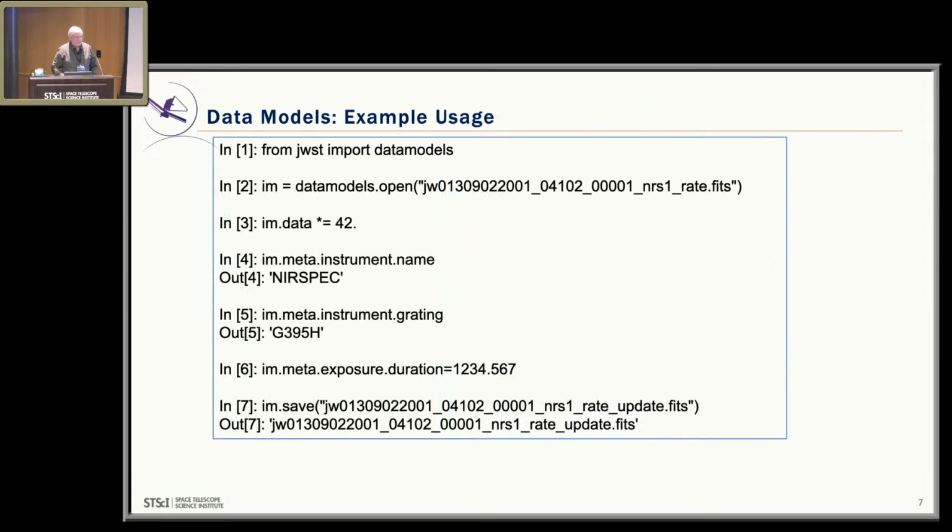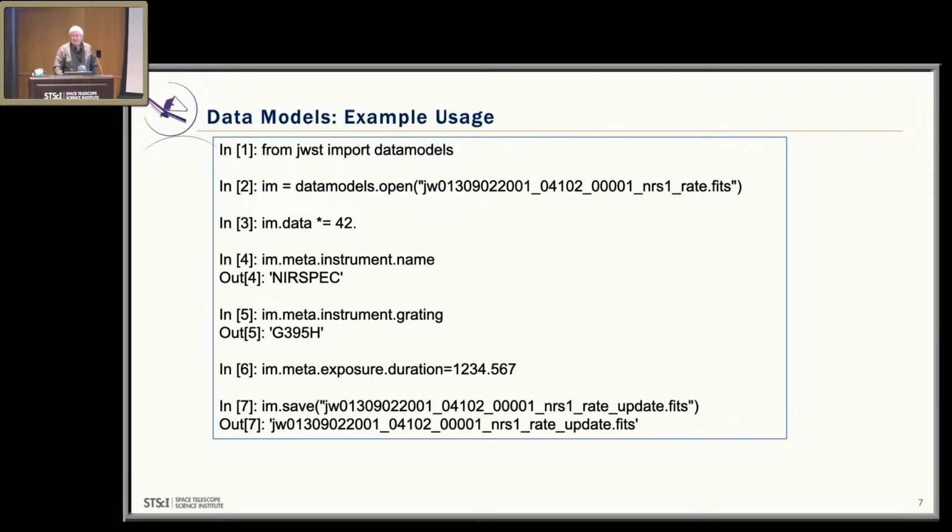And just a quick example of some of these in use. Once you've imported the data models package, you can just very easily call datamodels.open, give it the name of the file you want to load, and you get an object back in Python, and you can then access all the various attributes of that. The main data array, sometimes referred to as the science image, has the obvious attribute name of data, very clever.